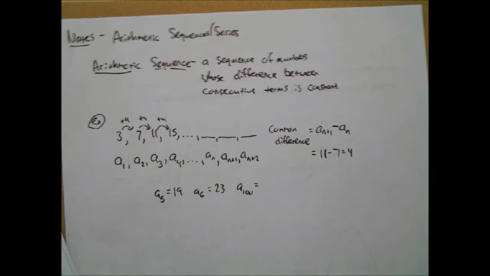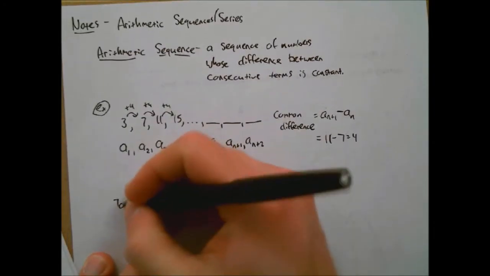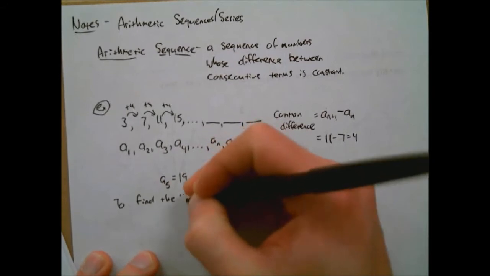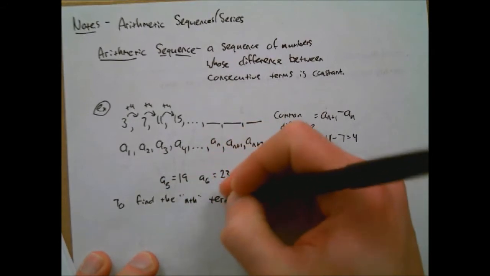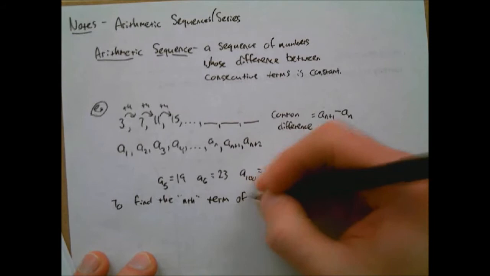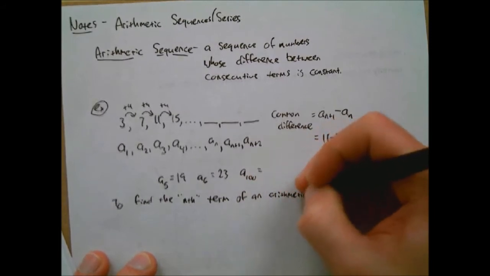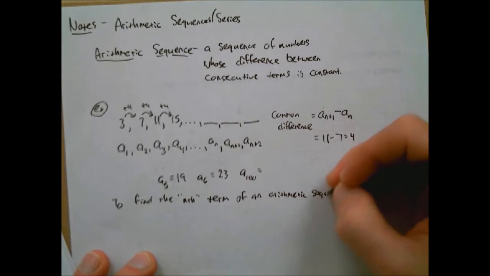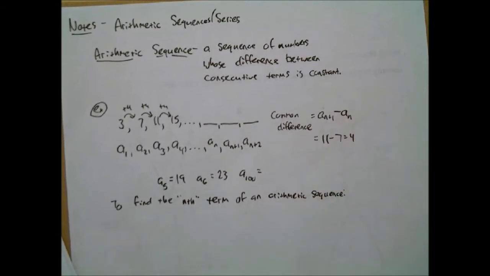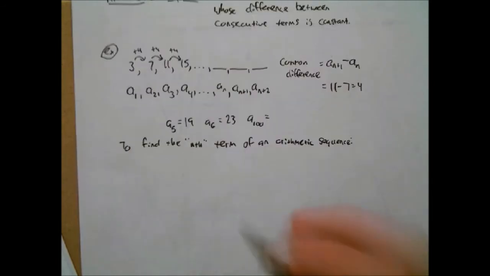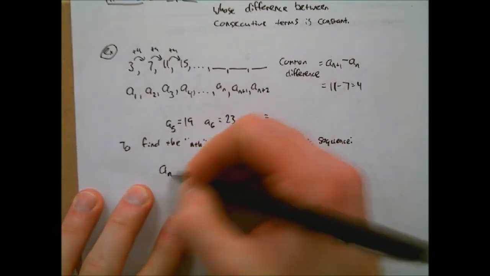But anyway, to find the nth term of an arithmetic sequence, the nth term as in a generic, any-number term, so if you want to find the millionth term or the 20th term, you may remember this formula from Algebra 1, or you might not, because it's been so long.